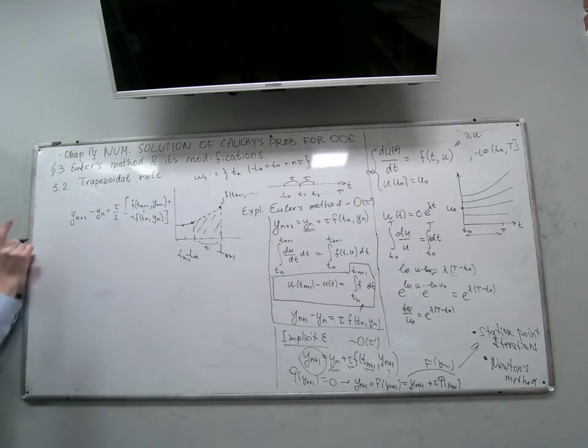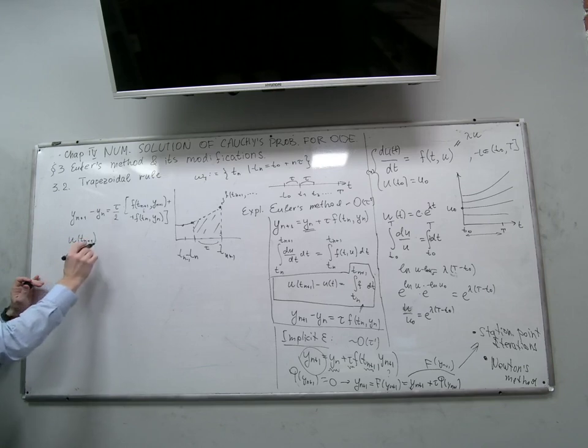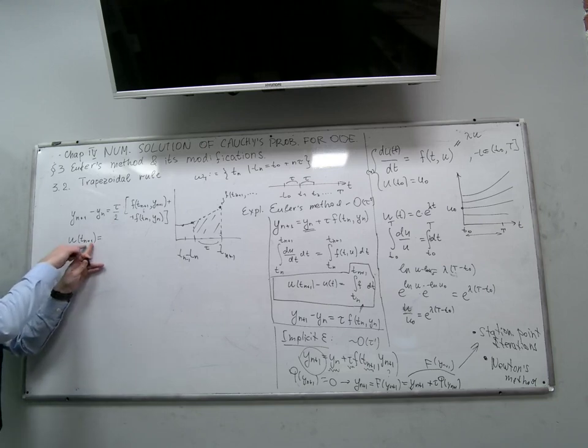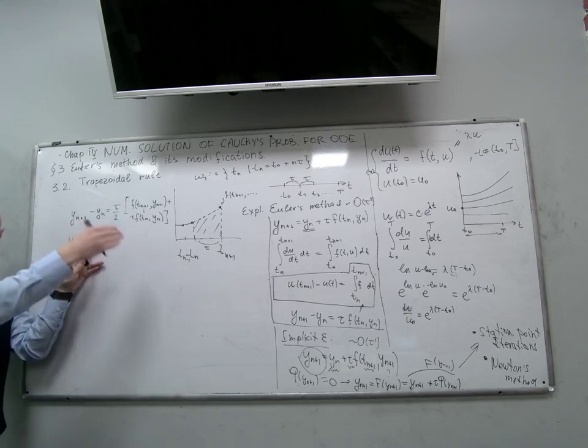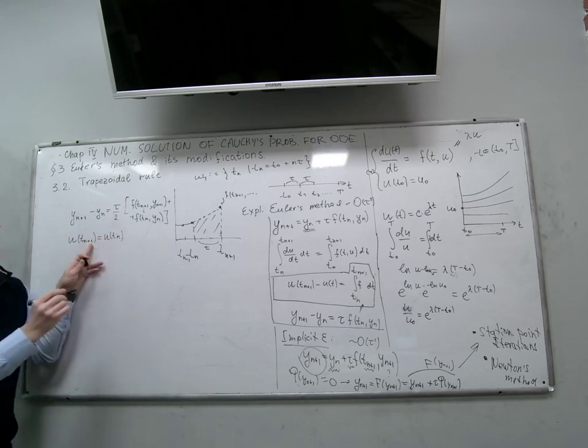The procedure was discussed last time, but I will just remind you and those who will look at this video. What we do is we expand our exact solution at the point where we want to know it, the new point, in the vicinity of the previous point.